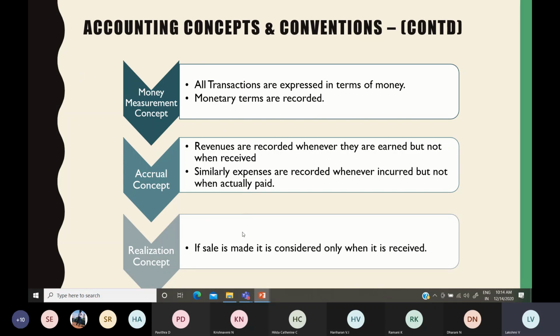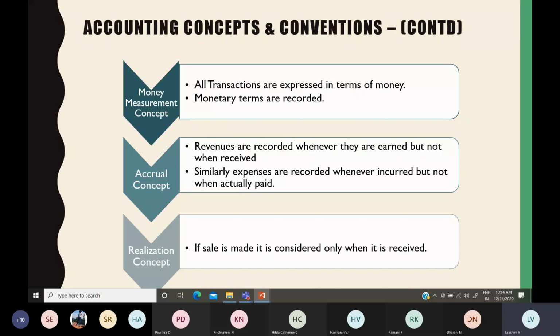So realization concept is that if you are going to make a sale to a customer, to deliver whatever he sent you a quotation for, he would have placed you an order. Your mindset will be that you should not lose that customer, so you want to make a credit sale to him, and later on we can claim from him.